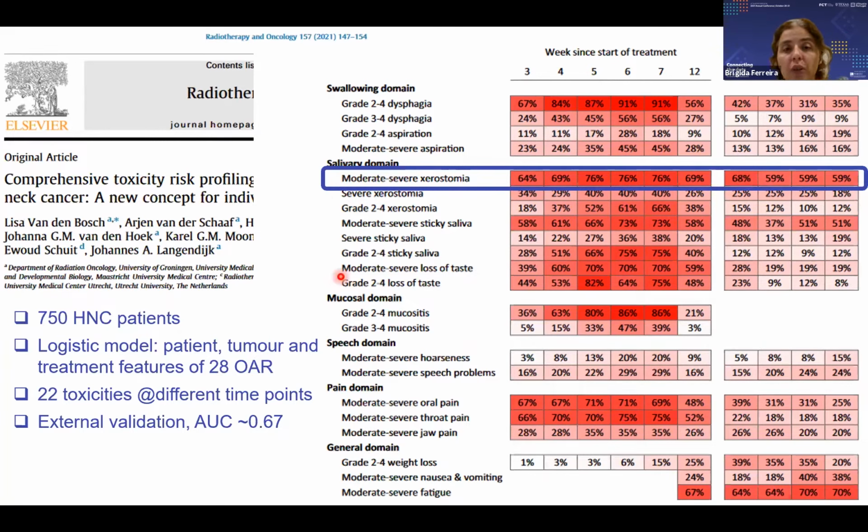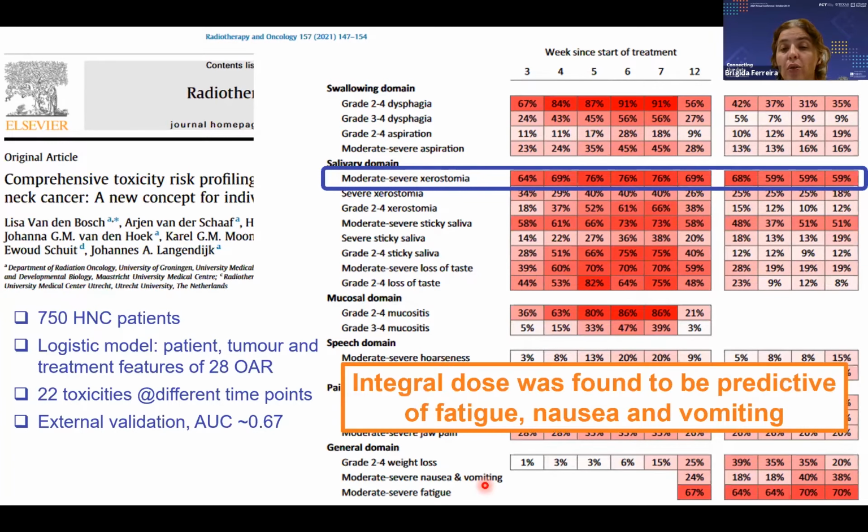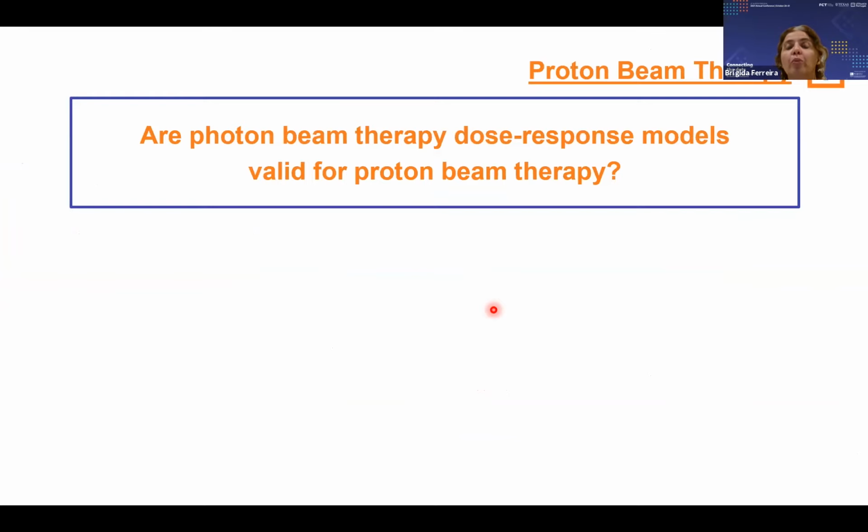And here you see the list of the 22 endpoints that they derived and the corresponding probability of complications for each of them. An interesting conclusion that they reached was that the integral dose was found to be predictive of fatigue, nausea, and vomiting. And when we talk about integral dose, proton beam therapy, of course, is the best technique to spare the patient from integral dose.